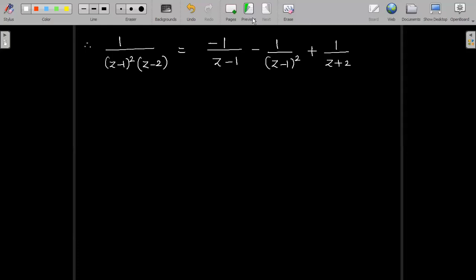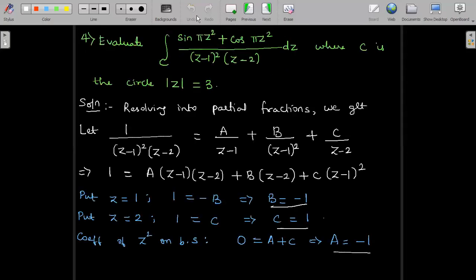Now, in order to have the given integral format, we can multiply throughout by sine pi z square plus cos pi z square and take the integral over the curve C. Of course, it is a closed curve because we are considering a circle equation.